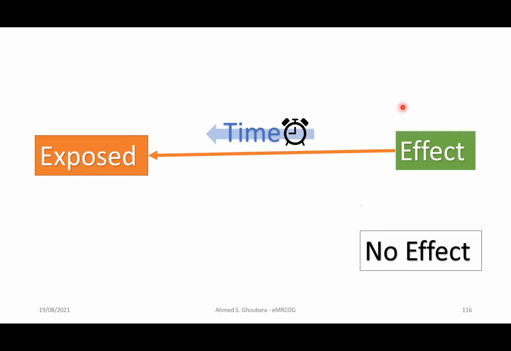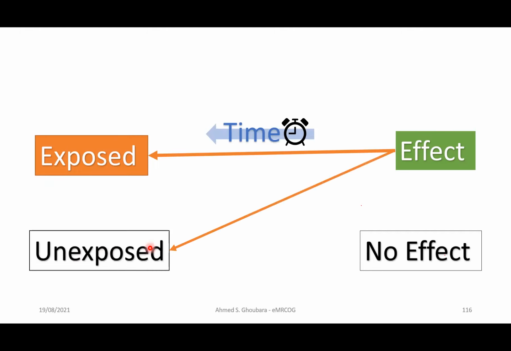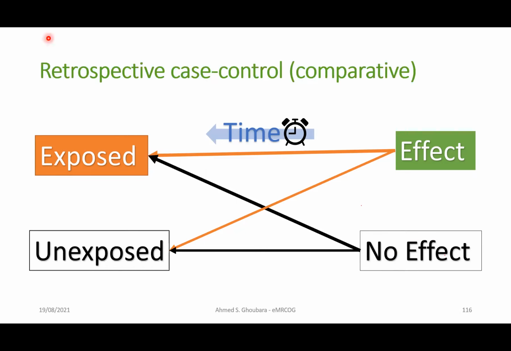Then you go back in time to see how many cancer patients were smokers, how many cancer patients were not smokers, how many healthy patients were not smokers, and so on. This type of study is called retrospective case control.